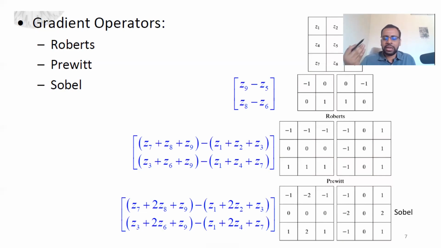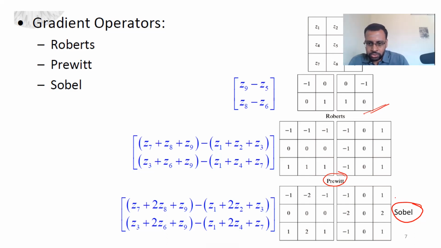Derivatives in the horizontal and vertical directions are already giving the gradient, because the vector of derivatives in the horizontal and vertical will give me the gradient. In the interest of time, I'm ignoring Roberts, because it's just for historical purposes. I kept it there because that's one initially proposed in the 60s or something around that. But I would rather draw your attention to Prewitt and Sobel.